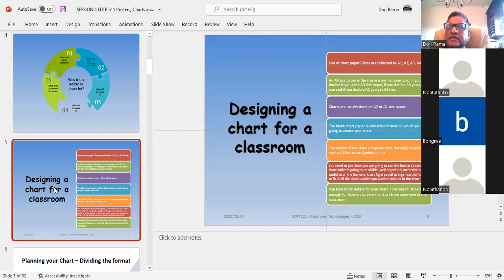And it's going to be a blank surface, and therefore it would need some input from you as a teacher. You need to decide how you're going to prepare that blank sheet of paper: where you're going to write the text, if you want to put pictures or drawings, where you're going to put the drawings, and so on.